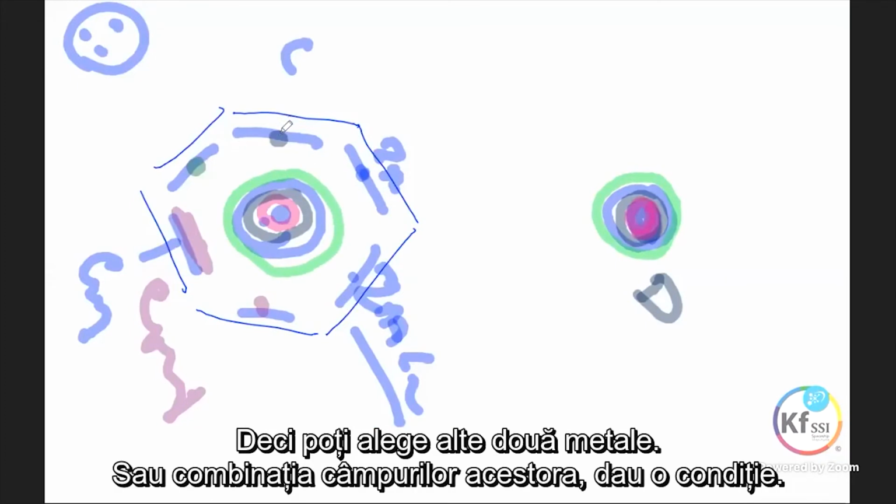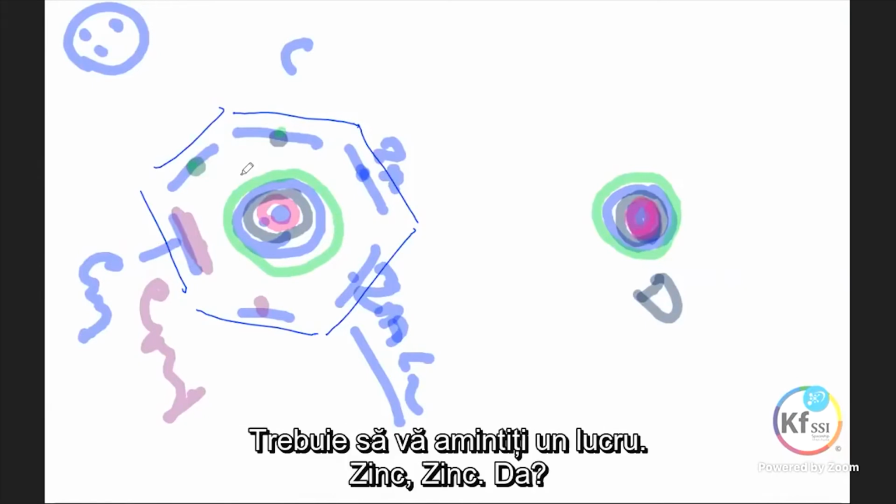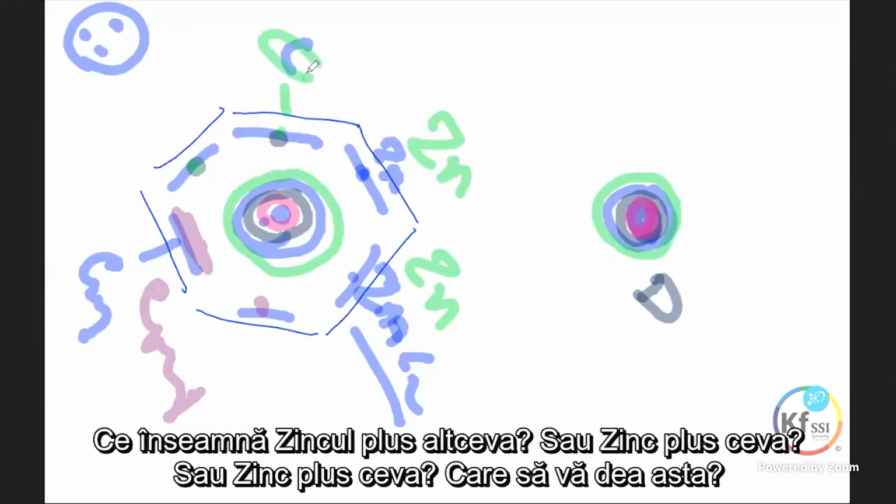So you have a choice of 2 more metals, or a combination of the fields of these gives a condition. You have to remember one thing: zinc. What is zinc plus something, or zinc plus something, which can give you this?